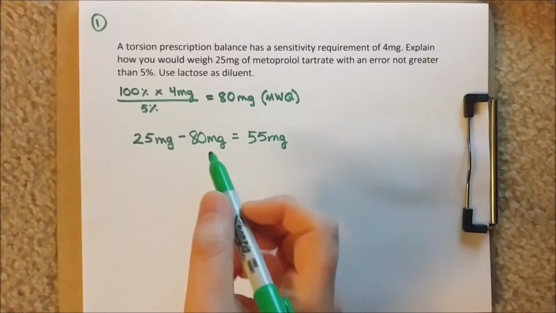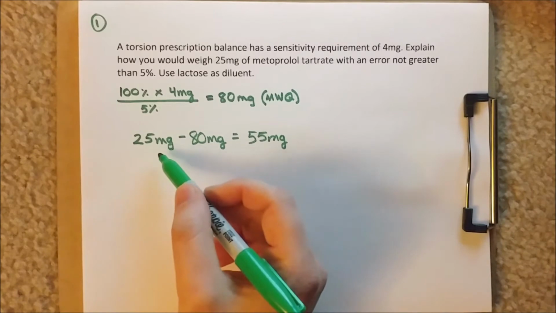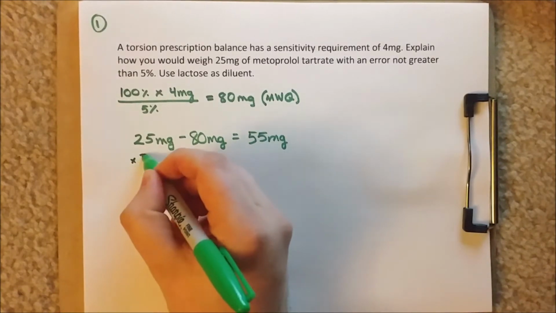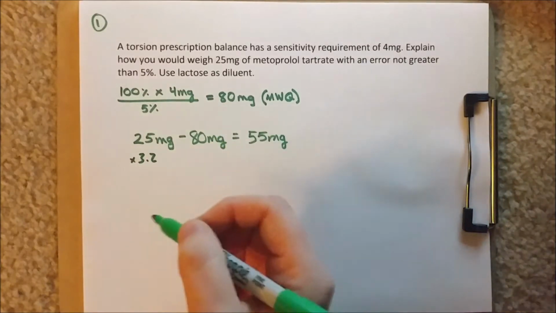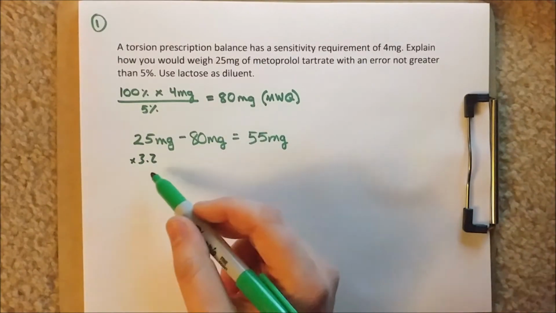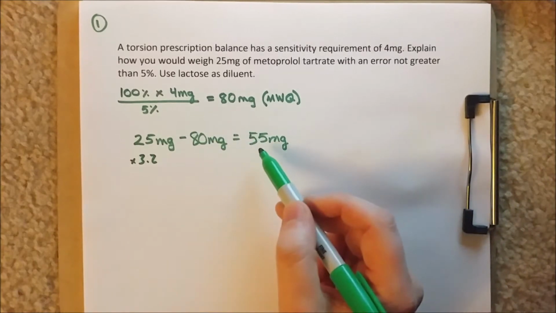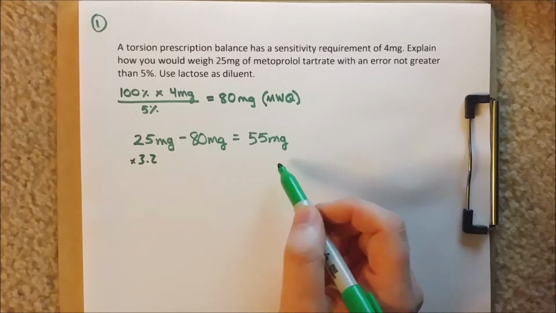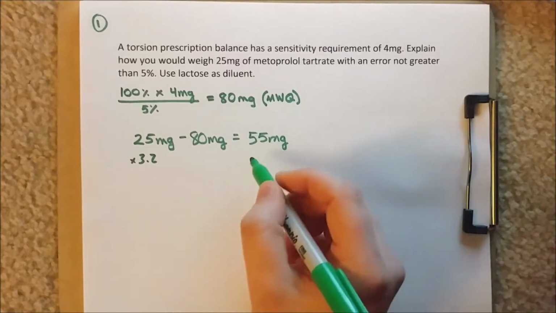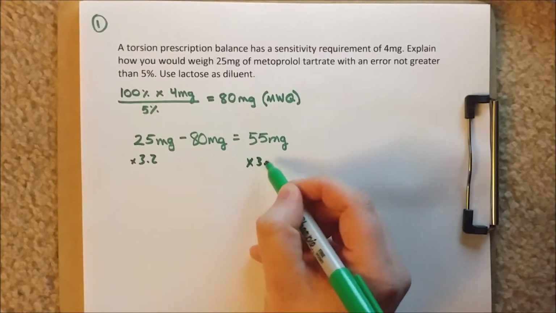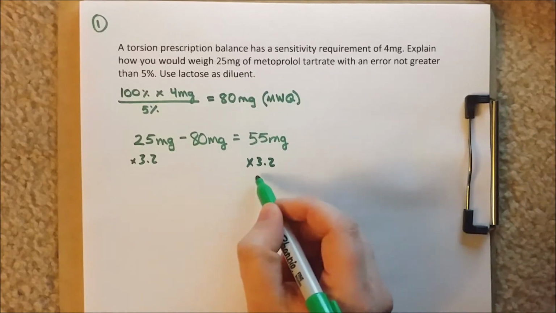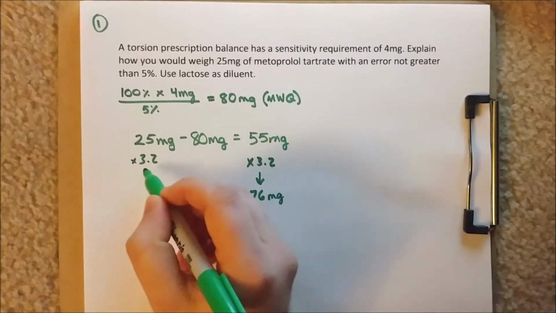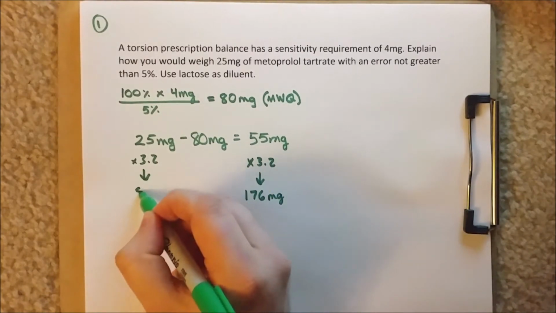So what I do is I take 80 milligrams and I divide it by 25 to find how many times that goes in there. In this case, it is 3.2. Now sometimes that 3.2, when you multiply it by 55, will not give you a whole number. It'll give you a decimal or a fraction, but in this instance it works out just fine, and that leaves you with 176 milligrams, and over here this leaves you with 80 milligrams.